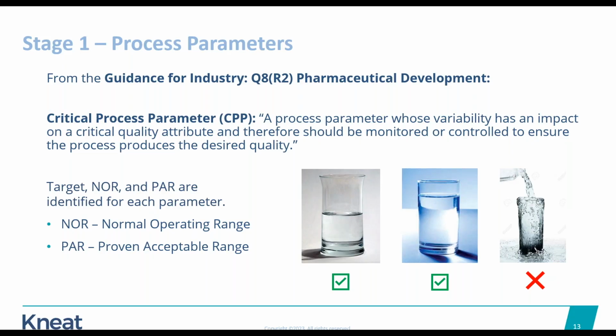So we never want to go over the proven acceptable range. We definitely normally don't want to go over the NOR either, but that PAR is there just in case as a safety net. And then on the next slide, for those of you who are interested, I do have a table of real-world pharma examples outside of this glass of water scenario that you might see and some values for these different items.